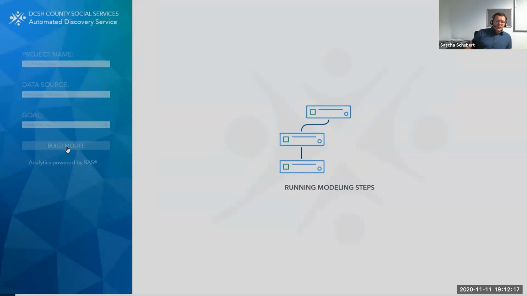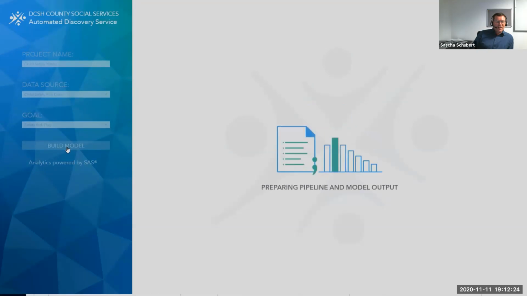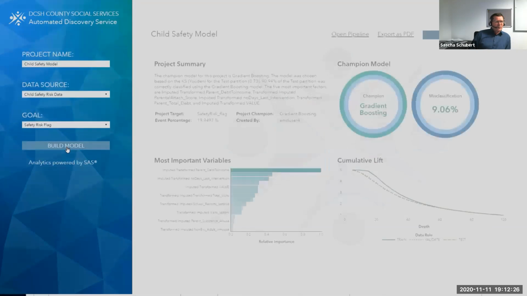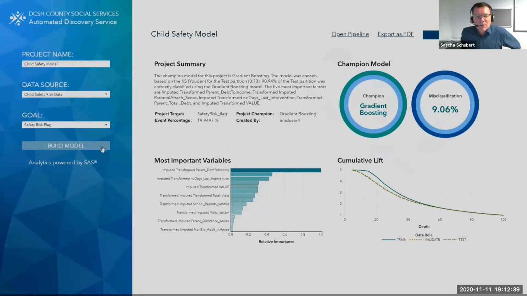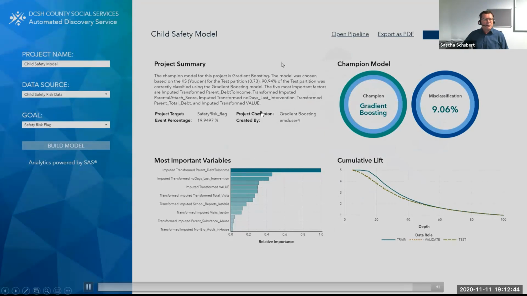And this, as I said, is a web application, which means we're not only providing a graphical user interface for you to step through these automated processes, but also APIs, application programming interfaces, so that you can integrate these automated steps into your own applications. And that's what was done here. And you end up with a report, again automatically generated, that tells you the gradient boosting is the champion model.